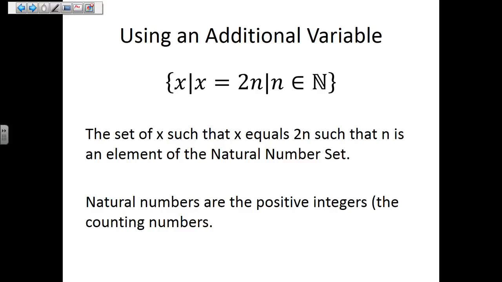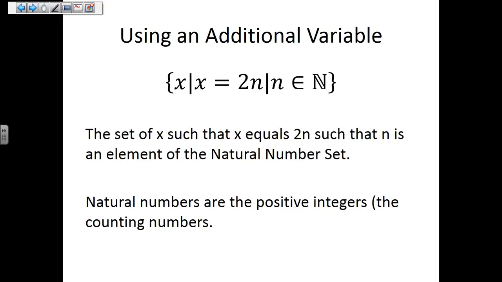Now, if it is an infinite list of numbers, and there is a pattern to it, then we need to really do some digging in there and figuring out how to write this down. So this is a little bit of a wrinkle to this. You see another letter in there. You see N in there.